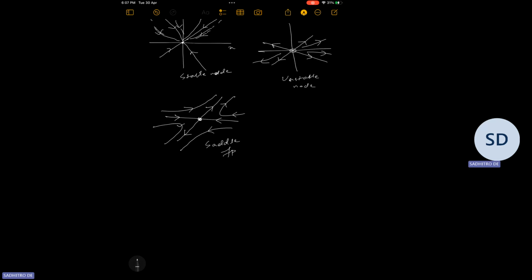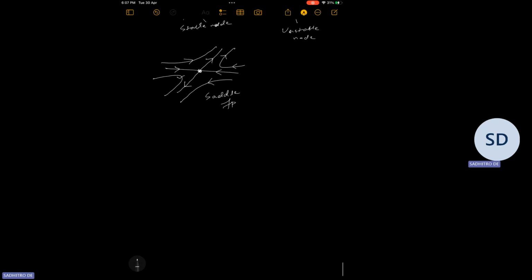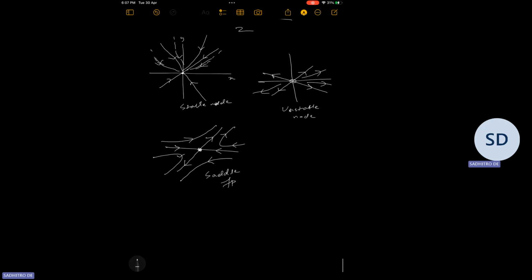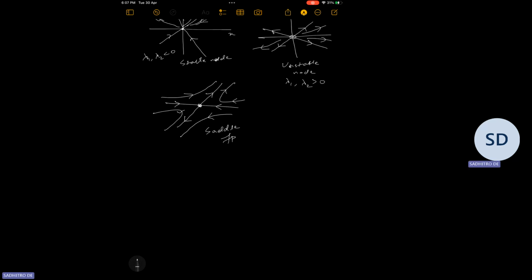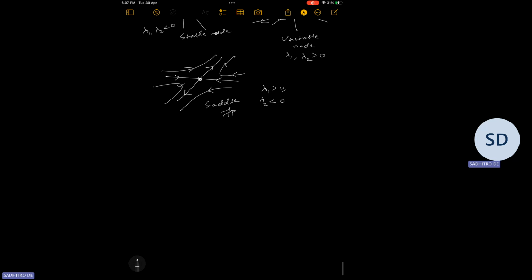In a similar manner, one can also have what I said earlier. So this happens when both the eigenvalues lambda1 and lambda2 are less than 0. This happens when lambda1 and lambda2 are greater than 0. This happens when lambda1 is greater than 0, lambda2 is less than 0, or the other way around.